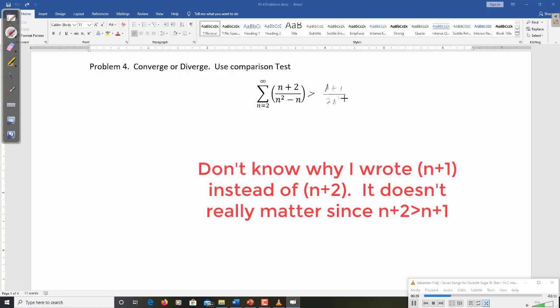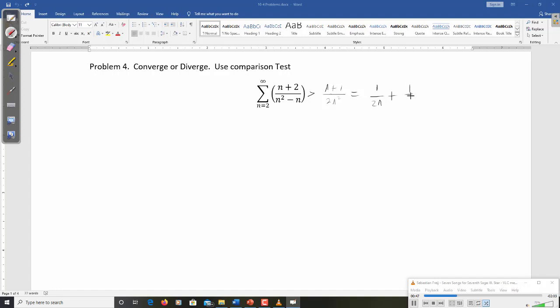And if we look at this, this is 1 over 2n plus 1 over 2n squared. This one is a divergent p-series, and this one is a convergent p-series.